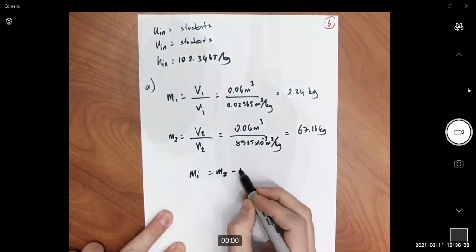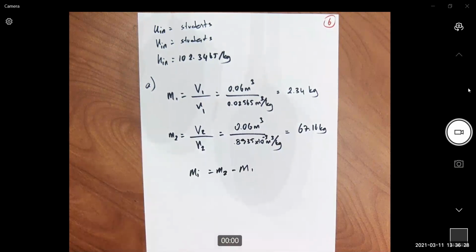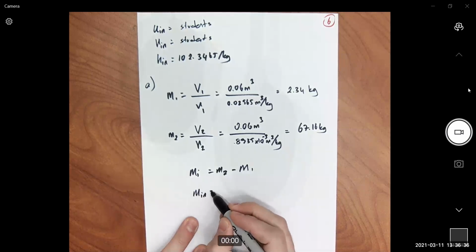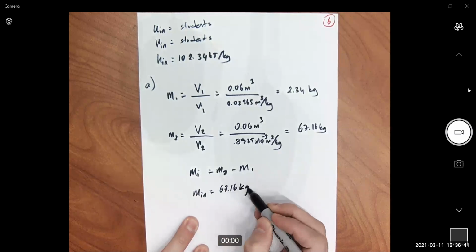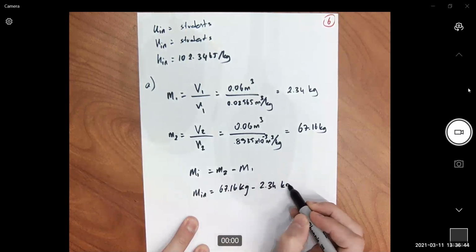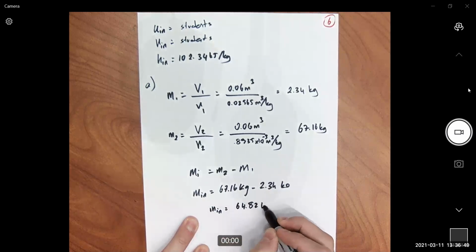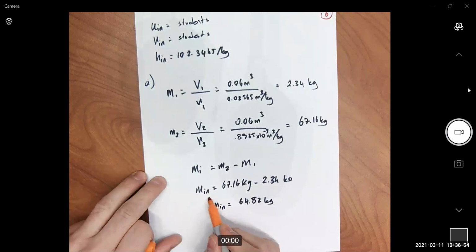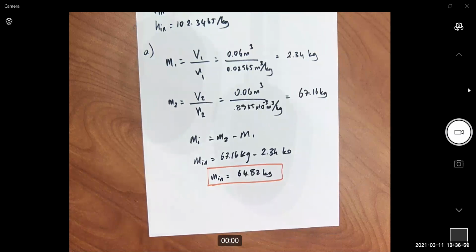This is what I found from conservation of mass. Now I can calculate how much mass I put inside. Mn will be 67.16 kilograms minus 2.34 kilograms, and Mn will be 64.82 kilograms. Right?